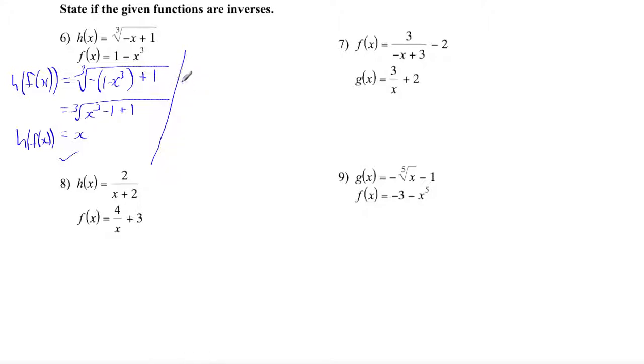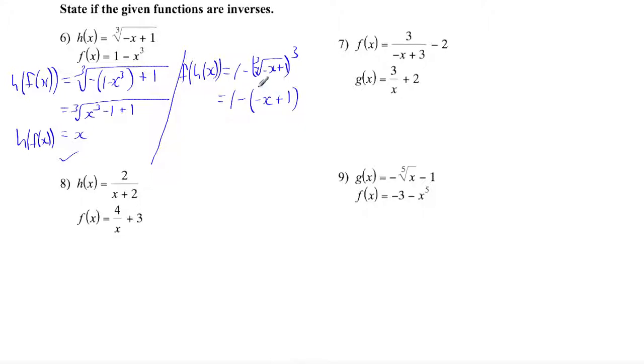Next up, I have f of h of x. So I start with 1 minus x cubed, but instead of the x cubed, I put the cube root of negative x plus 1. The cube root and the cube cancel each other out, so I get 1 minus negative x plus 1.